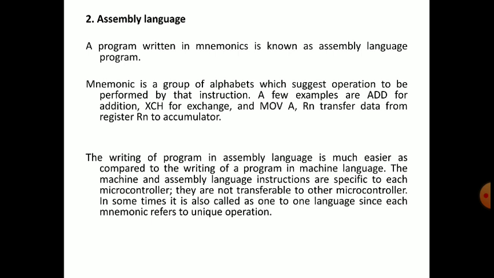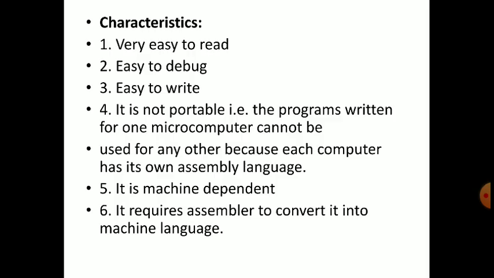If the cursor blinks at that particular point, we can detect the error in that instruction, compare it with the syntax, easily edit it, and remove the error. It is also easy to write, because it uses common terms, so we can simply type on the keyboard.